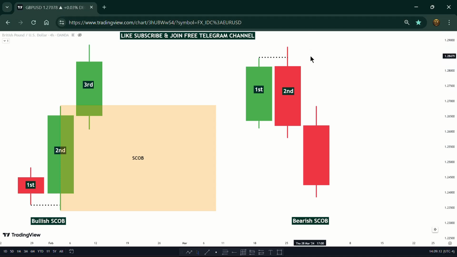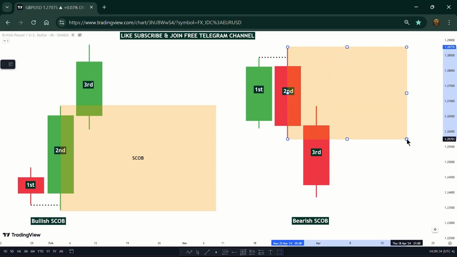What you need is the third candle. In this case you have this candle that closes above here with a full body candle. That's our third candle, meaning we now have a single candle order block right here.